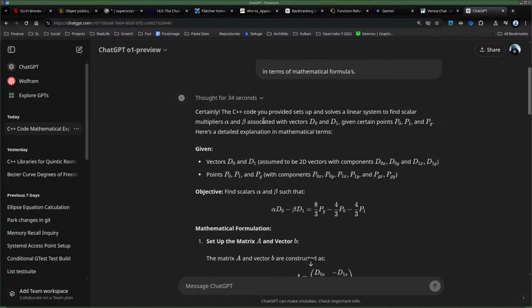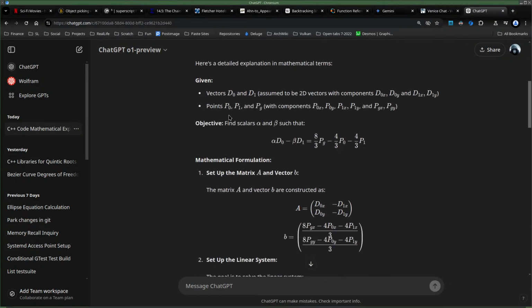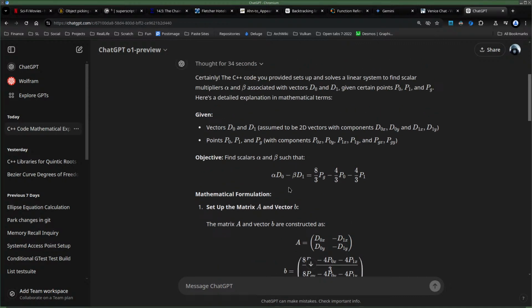It often solves a linear system to find scalar multipliers alpha and beta associated with the vectors d0 and d1, given certain points p0, p1, and pg. Here's a detailed explanation. Given the vectors, assumed to be 2D vectors, points, components, objective: find scalars alpha and beta such that... but why?